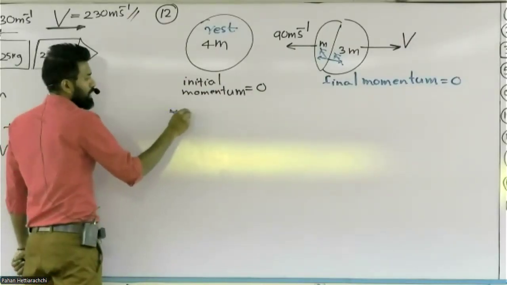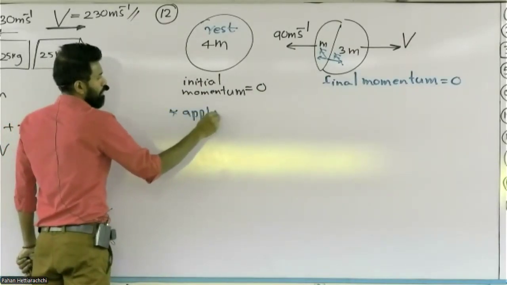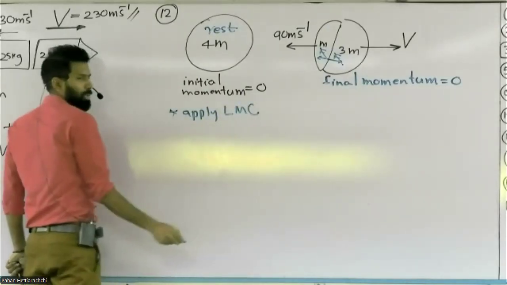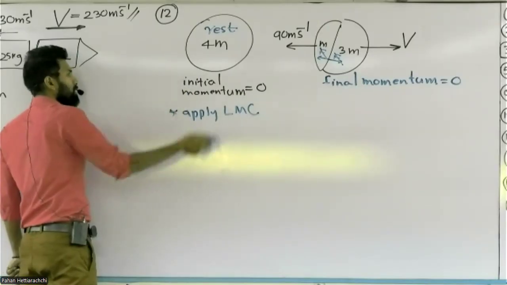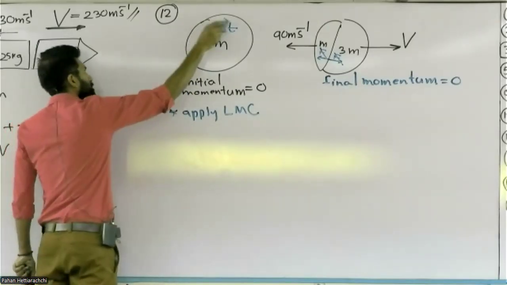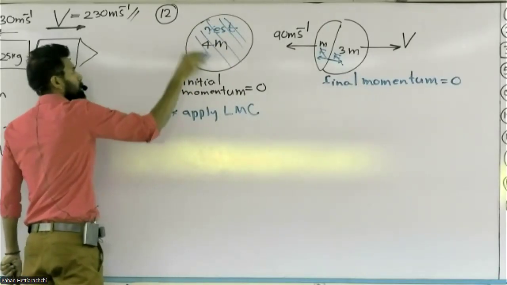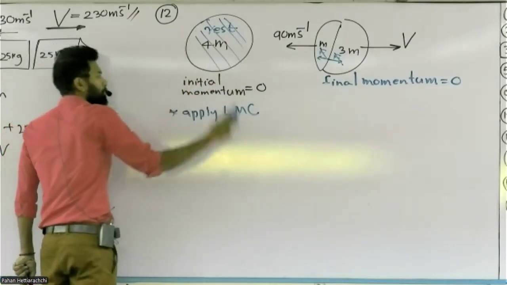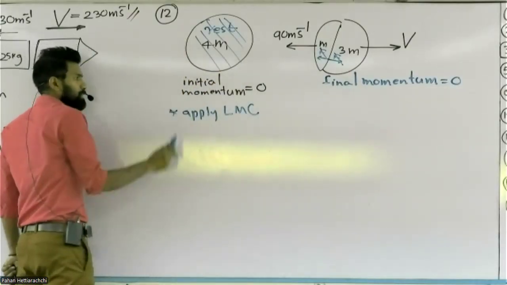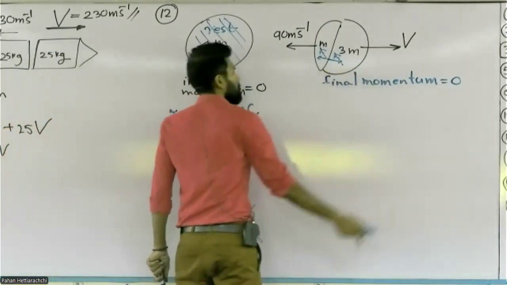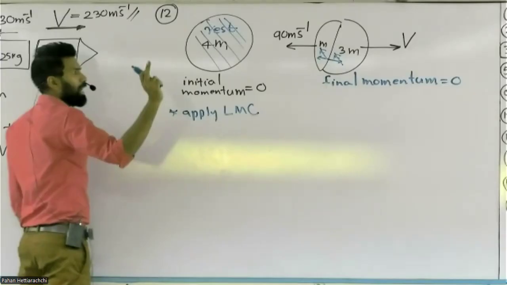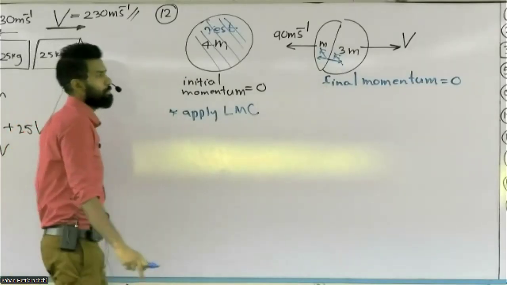When you apply LMC, linear momentum conservation, the final value is equal to the initial value. Initially the bomb is at rest, so the initial momentum is 0. Applying LMC tells you that the final momentum is also 0. How will this final momentum become 0?